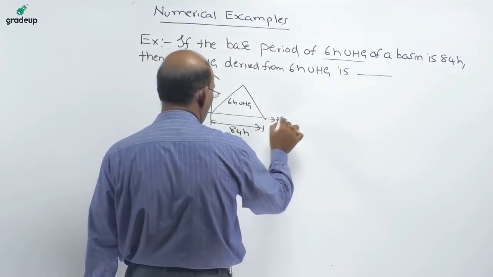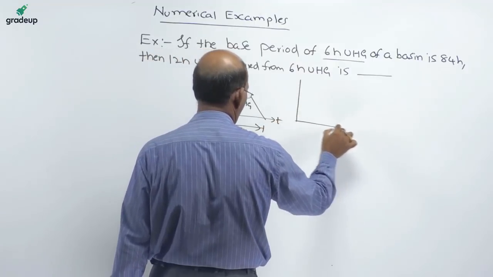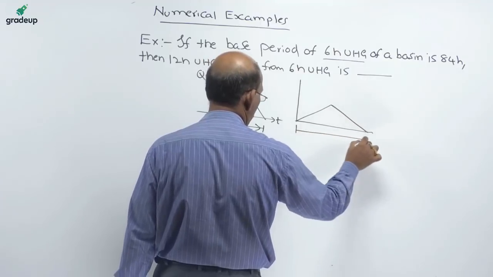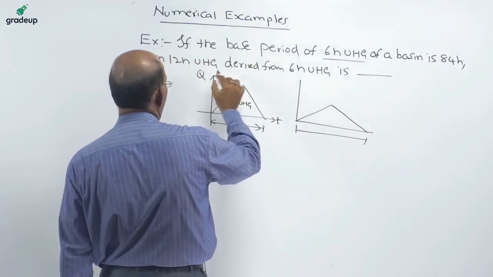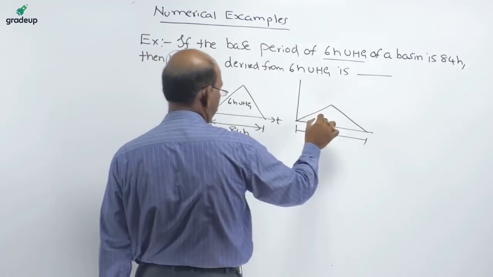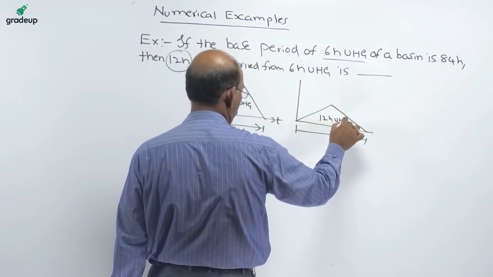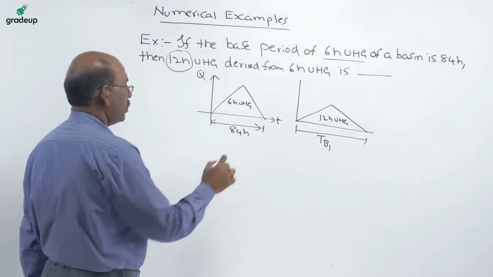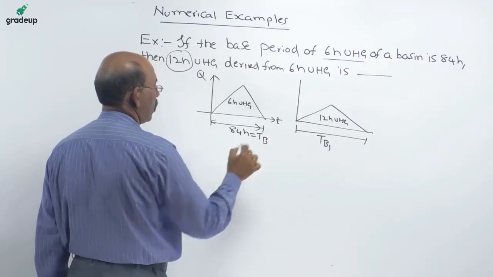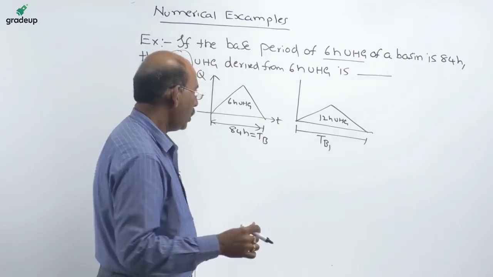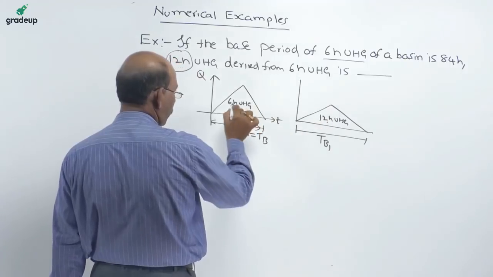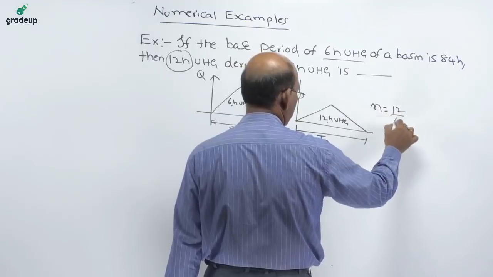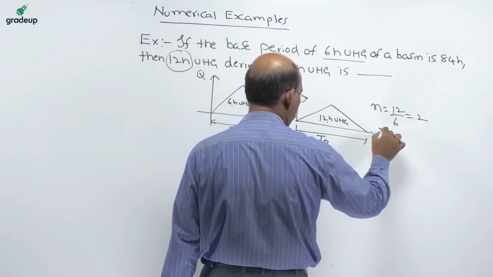You are supposed to calculate the base period of the 12-hour unit hydrograph. So, this is the TB1, this is TB, the base period. This is the 12-hour unit hydrograph, this is the 6-hour unit hydrograph, and n is equal to 12 by 6, which is equal to 2.